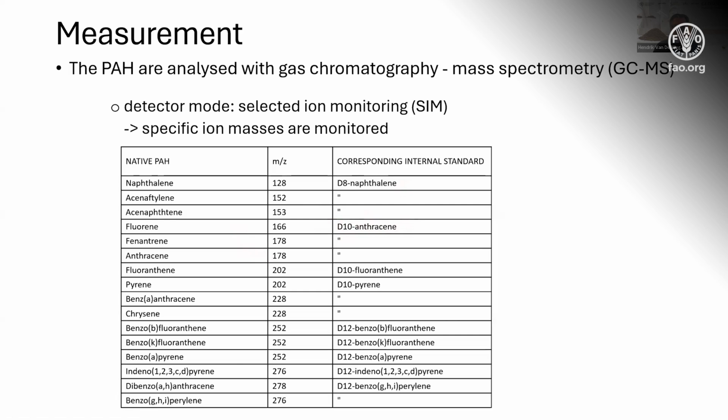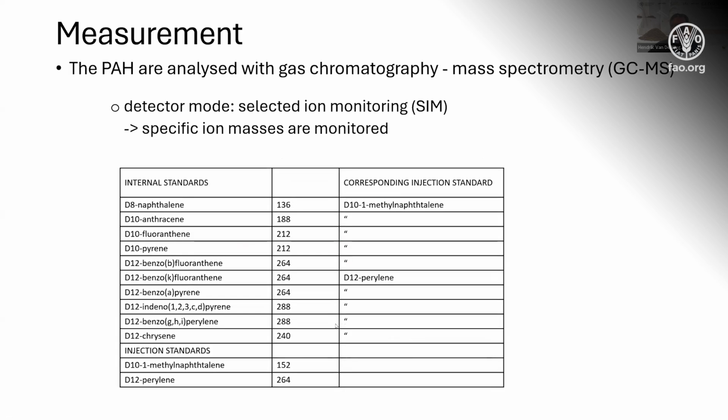Also, the deuterated compounds have their specific masses. Here you have the internal standards, the deuterated compounds, and they have masses that are higher than the native compound. Remember, naphthalene was 128. D8 naphthalene is 136, 8 masses higher, because we have deuterium instead of hydrogen.